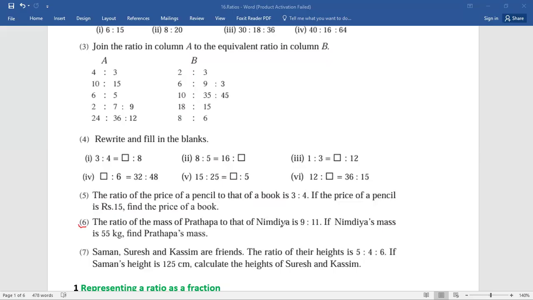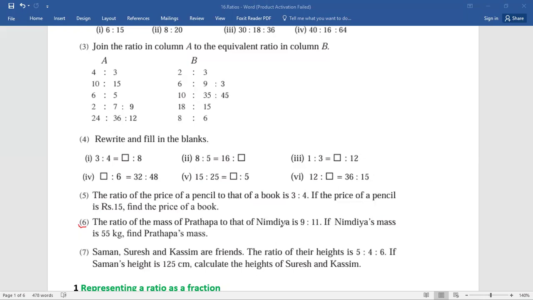And the same for the height of K. How to find it: one part is 25 centimeters and Kasim has 6 parts. 6 times 25. 6 times 5 is 30. 6 times 2 is 12, so 150 centimeters.